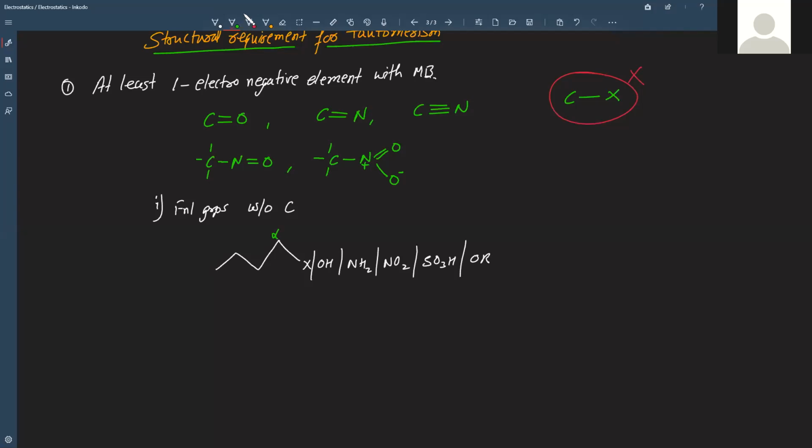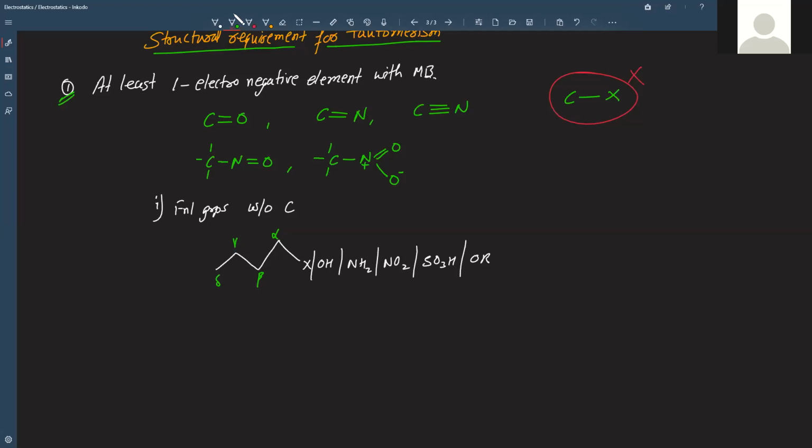The immediate neighbor will be called alpha carbon, right? And next will be beta, next will be gamma, and next will be delta. So what we are doing right now is trying to identify the alpha carbon, because our next requirement depends on that. So these are the functional groups without carbon.